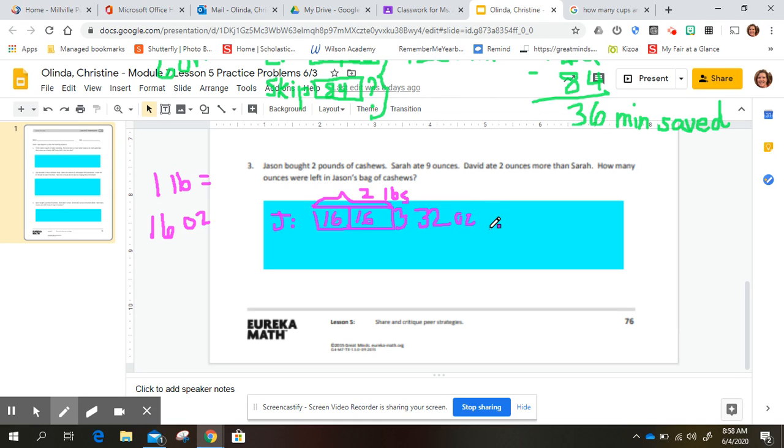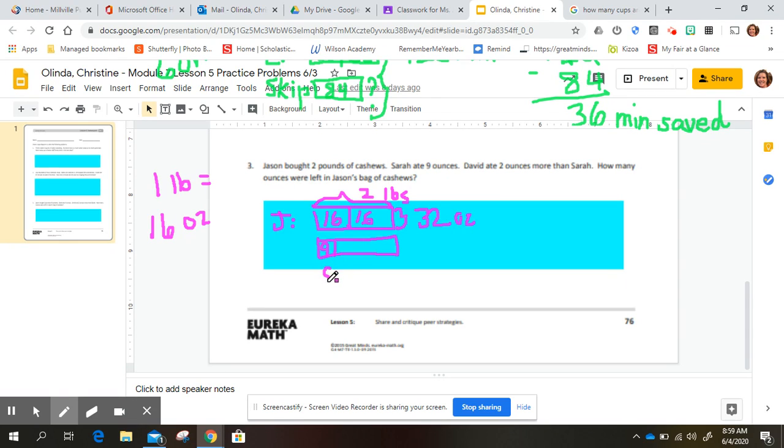There we go. All right, but now we know that he doesn't have that anymore because his friend Sarah ate 9 ounces. So we're going to draw another tape diagram the same size underneath. Sarah ate 9. So we'll put a 9 here.